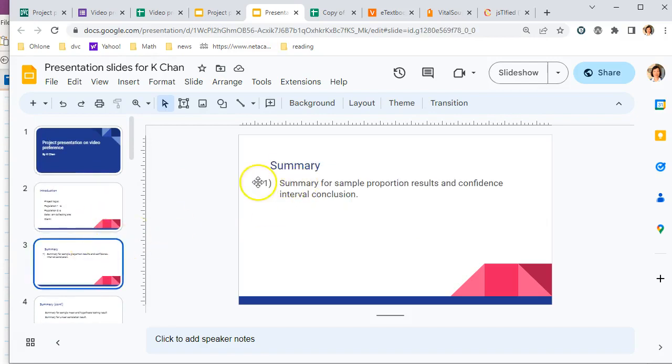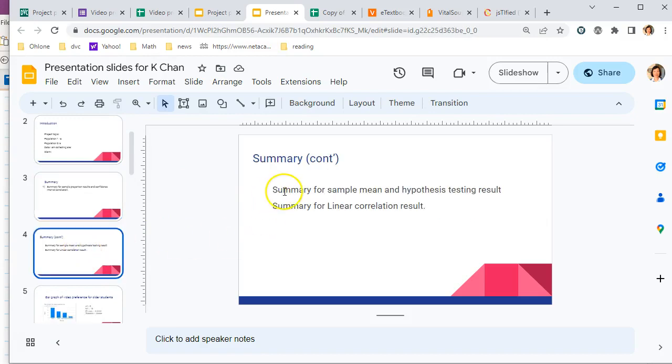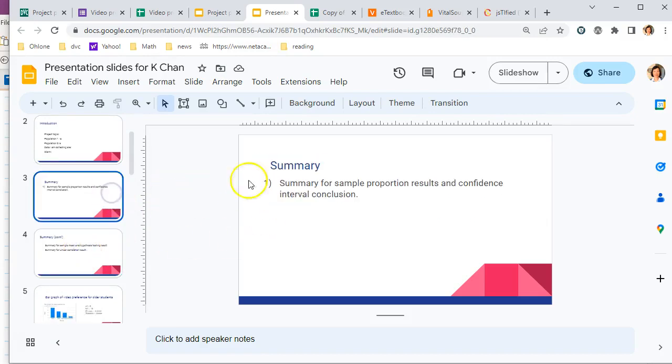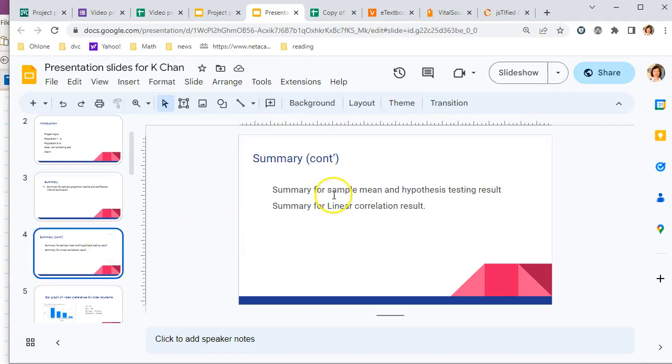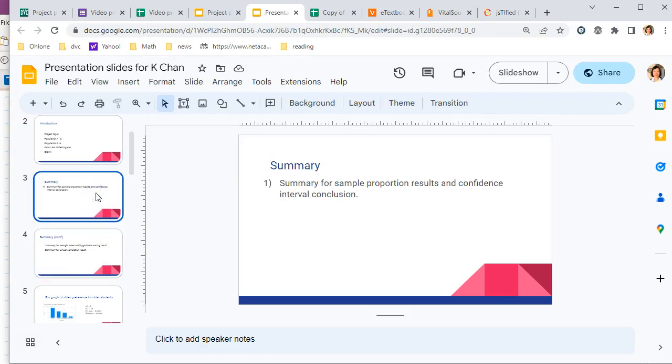You can also fill in the summary. The summary should include what you have found after the analysis. So like what is the sample proportion, what is the mean hours of watching, and then another summary would be whether you have sufficient evidence to say there's a difference between them.